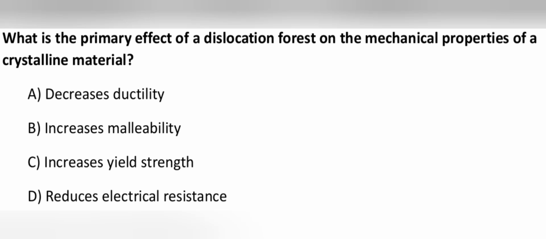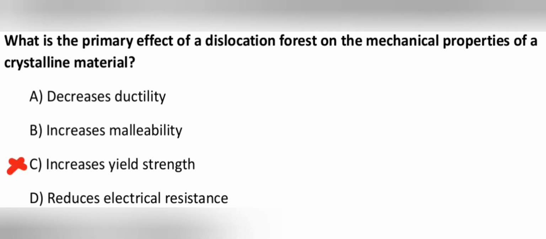More dislocation lines oppose further plastic deformation, so the strength of the body will increase. The mobility of dislocation lines and strength are inversely proportional. So option B is correct because it increases the yield strength.